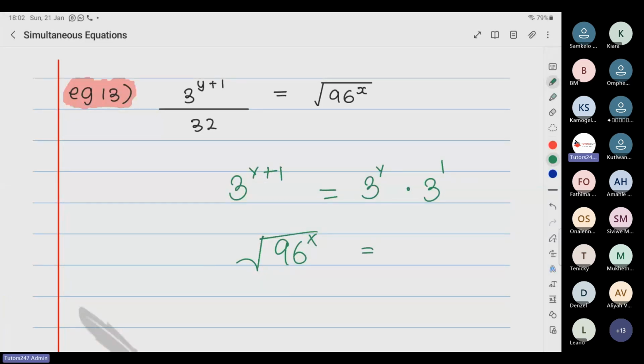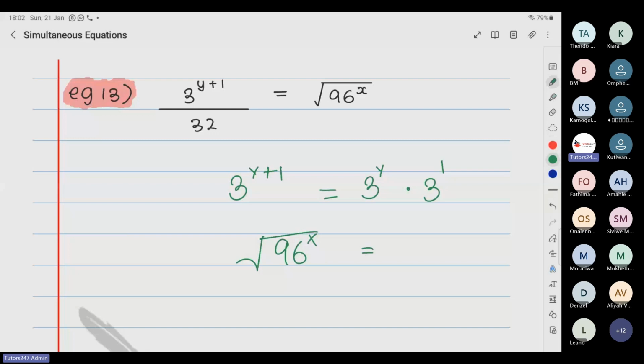Think of a square root. What can a square root be converted to in exponent form? So you can write 96 in brackets, and then outside you write 1 over 2, if that's correct. That is correct. So a square root in exponent form is 1 over 2. A cube root in exponent form is 1 over 3.